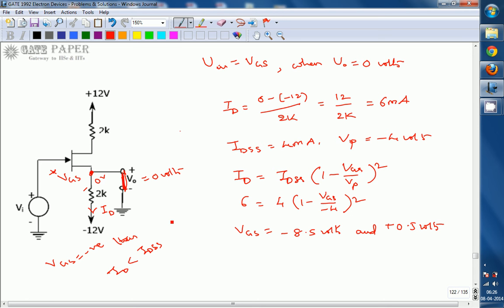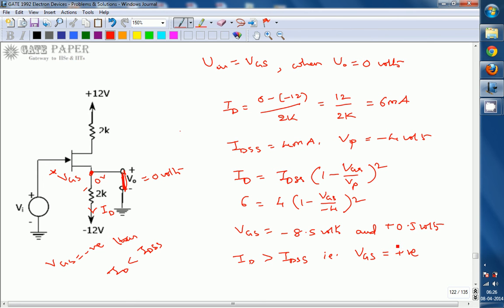So now if you observe, the current flowing through the 2 kilo ohm resistor is 6 milliamperes, whereas IDSS given is 4 milliamperes. So current flowing through drain is 6 and maximum saturation current is 4 milliamperes. That implies ID is greater than IDSS. The meaning of this is VGS is positive.